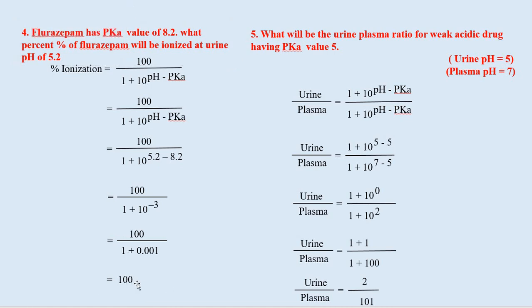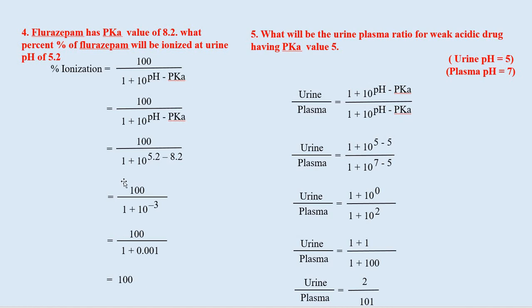So it means that the maximum amount of drug, near to 100%, is eliminated from the body because its surrounding environment is opposite to its nature. That drug is a weak basic drug, but the surrounding environment is weak acidic. Because of that, this drug is maximally eliminated from the body.